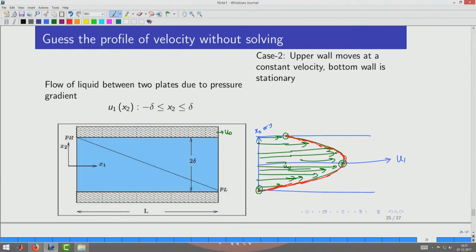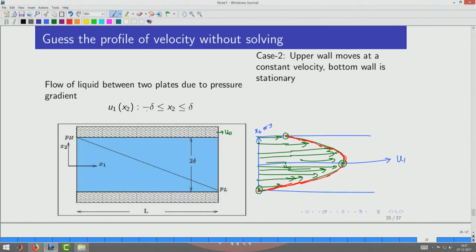So, the velocity has to go towards the right. This way we can already guess how the velocity field should vary, but the actual analytical form can be arrived at from the solution. We will do that in the next session, and then we can validate whether it turns out to be the way we imagine for this particular problem.